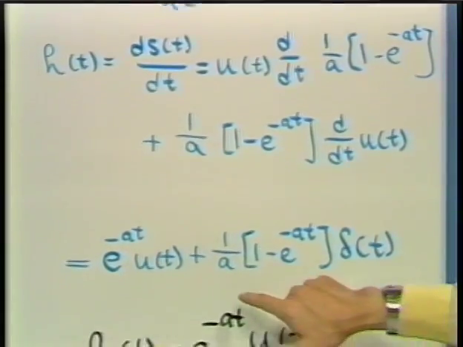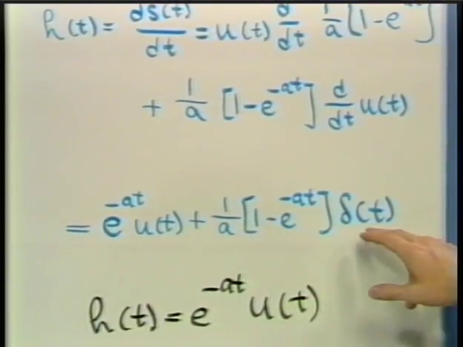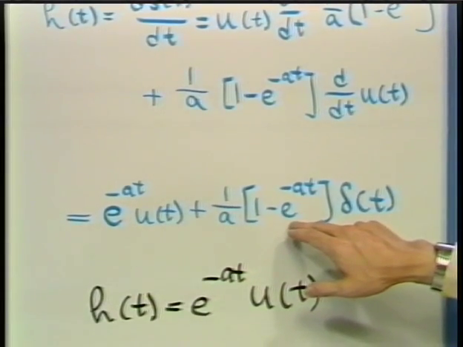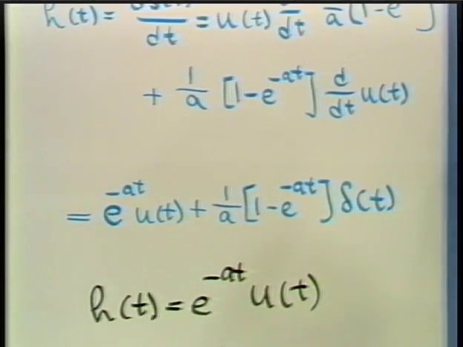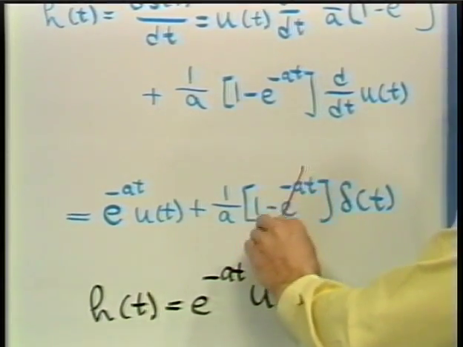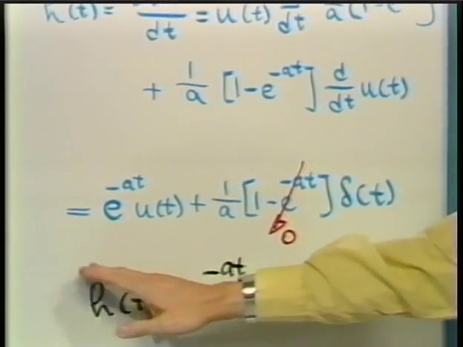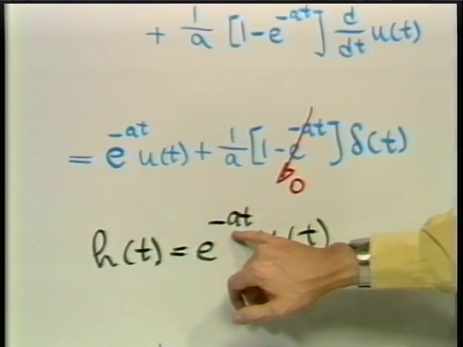Then recognizing that this is a time function times an impulse, and we know that a time function times an impulse takes on the value at the time that the impulse occurs, then this term is simply 0, and the impulse response then finally is an exponential of this form.